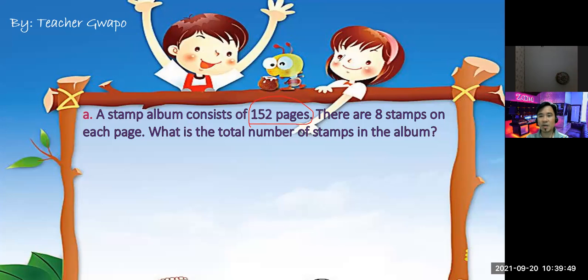And how many stamps are there? There are 8 stamps. Now, when we write a multiplication sentence, we will just do like this. Okay, now let's answer your book. Everybody, now try to answer your book. Write it there, in the working. In the working, you have to write there 152 times 8.